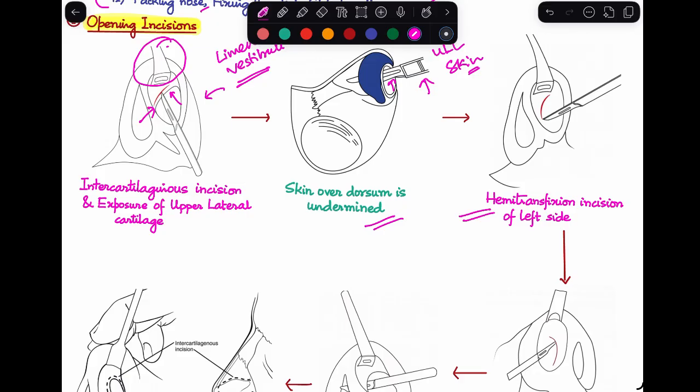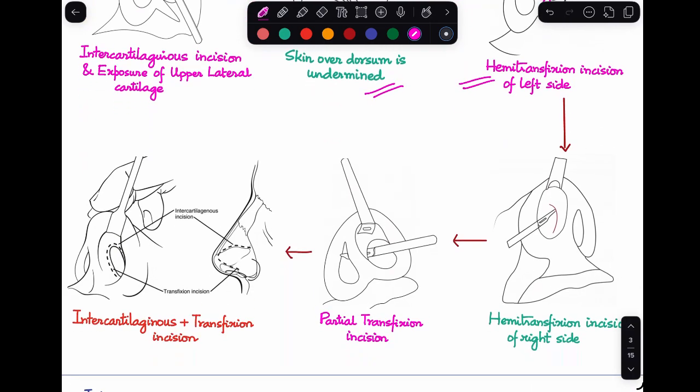So hemi-transfixion incision is the incision which is given at the caudal border of the septal cartilage. So here, this is what the hemi-transfixion incision will look like. Once you've given it on the left side, then we'll give a hemi-transfixion incision on the right side as well. Before we make it through and through, where we are going to connect both the incisions, we'll go from the right side to the left side.